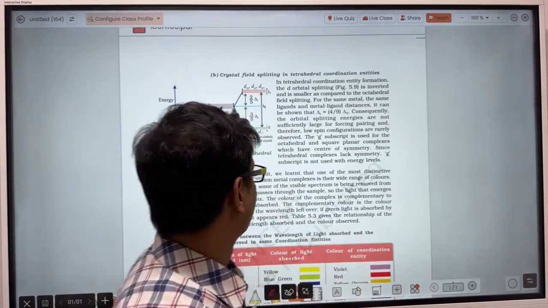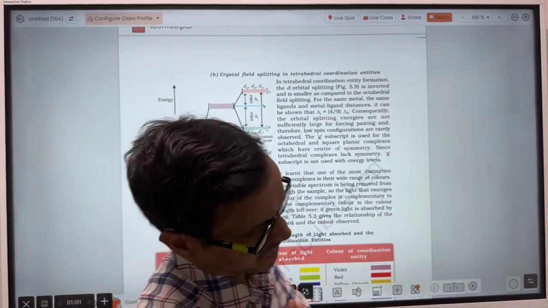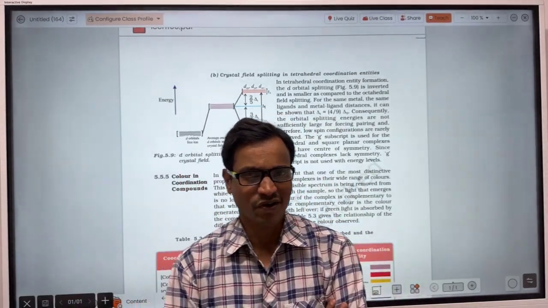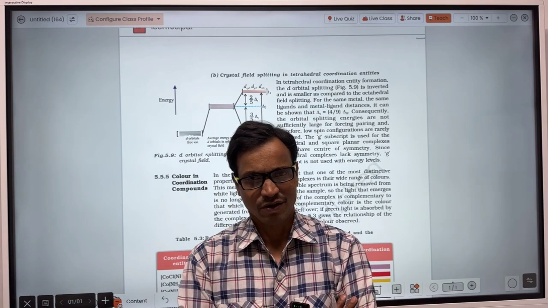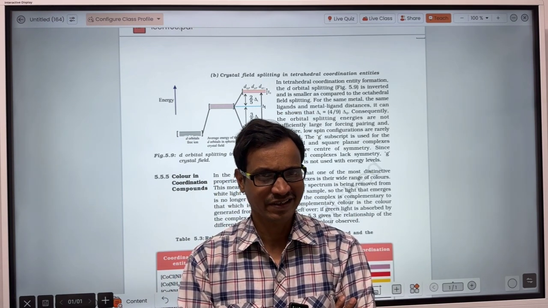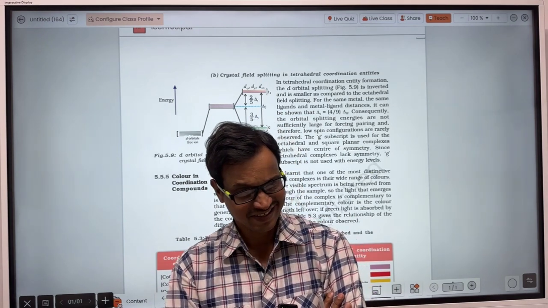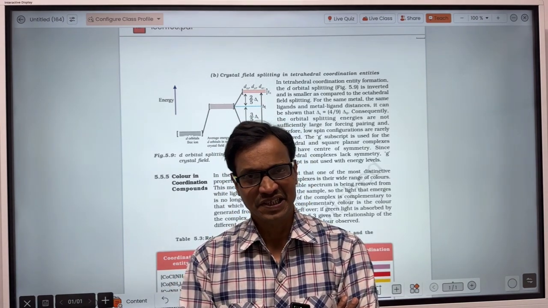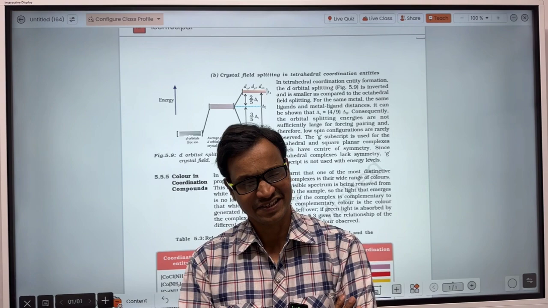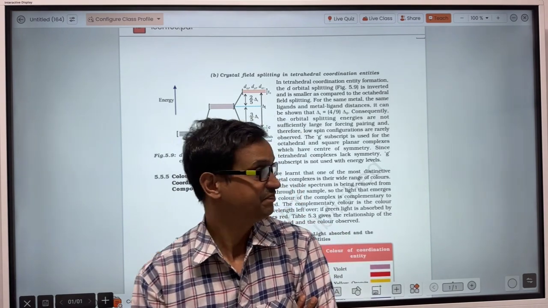In the same way here, but in case of tetrahedral complex, the energy of dx square minus y square as well as dz square will decrease, and the energy of dxy, dyz and dxz will increase.